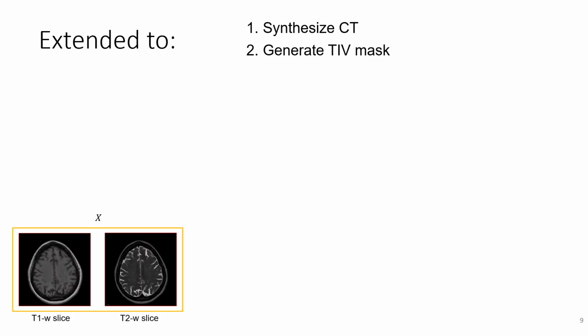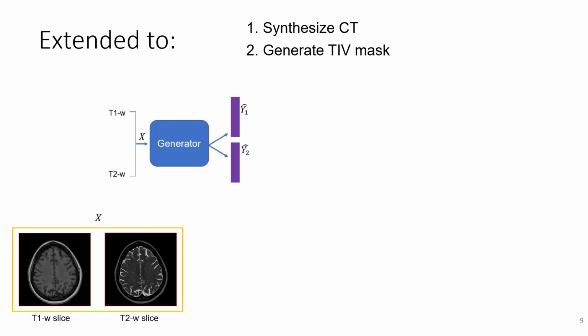We adapt the pix2pix conditional GAN network described in the previous slide to perform our two tasks, that is, to synthesize a CT and to generate a TIV mask. Given an input X, in our case, we pass a channel-concatenated T1 and T2 weighted MR image to the generator.